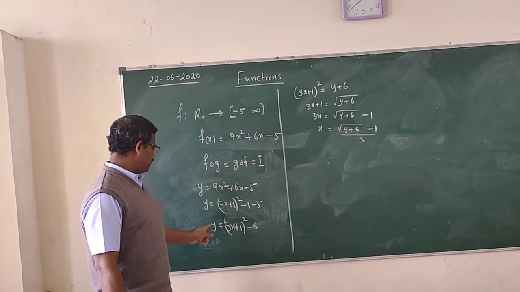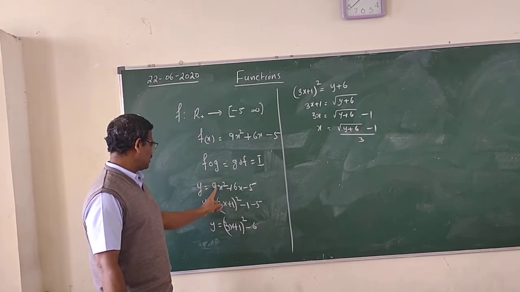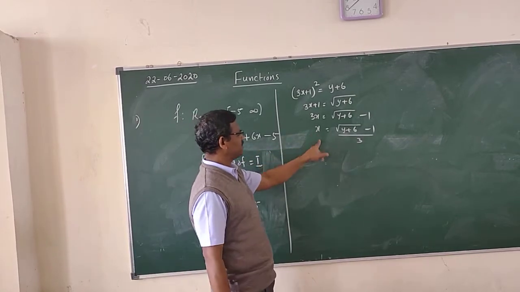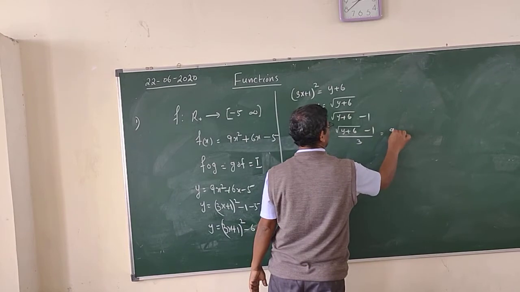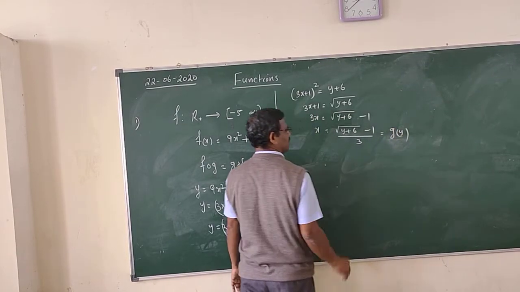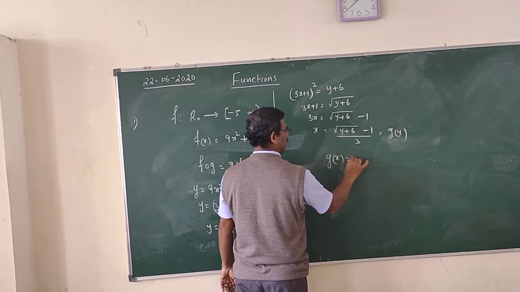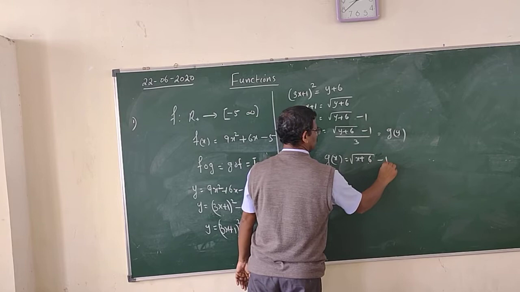So now from y = 9x² + 6x − 5, we could find x in terms of y. We can call this function g, or g of y. Then g of x will be (square root of (x + 6) − 1) by 3.